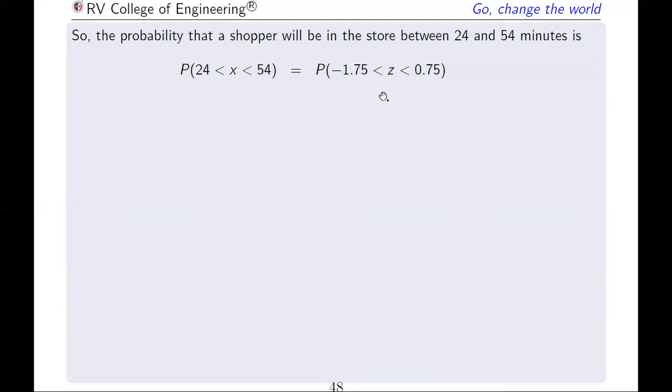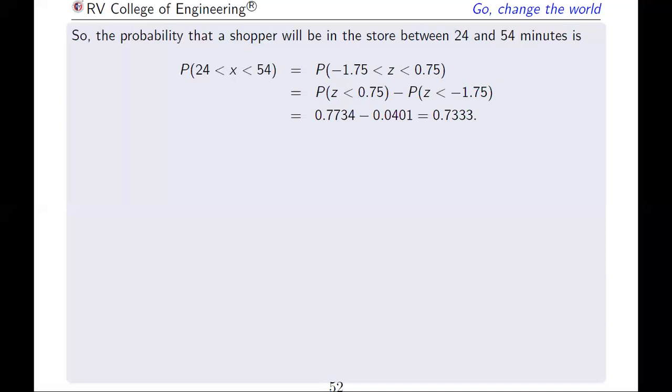Here the value which is greater has to be considered, then from that the value which is lesser is subtracted. This has to be followed very carefully, and after finding the value of z in the normal table, we get this.